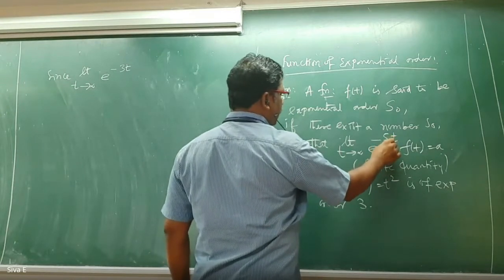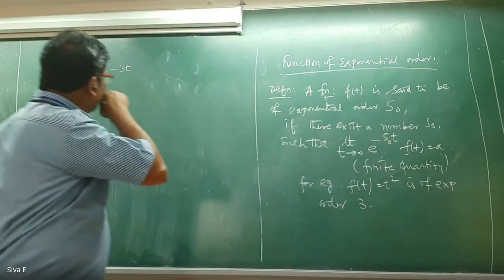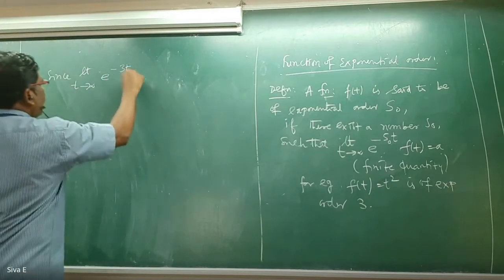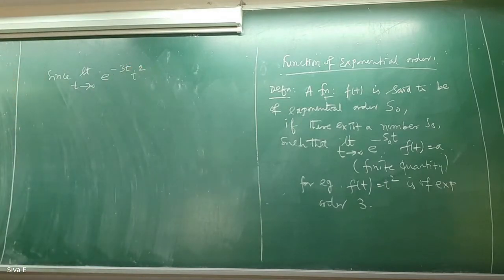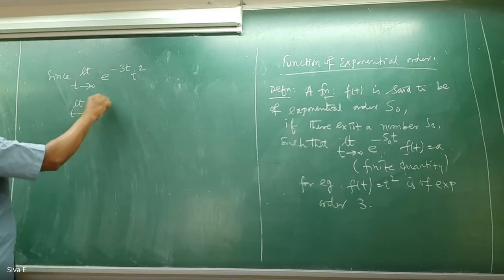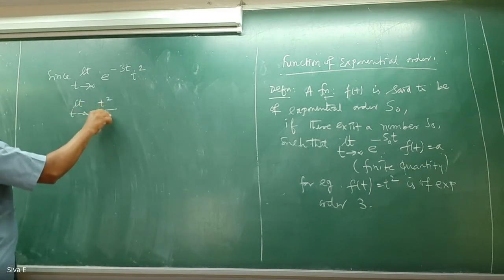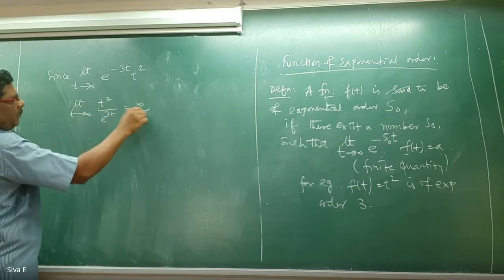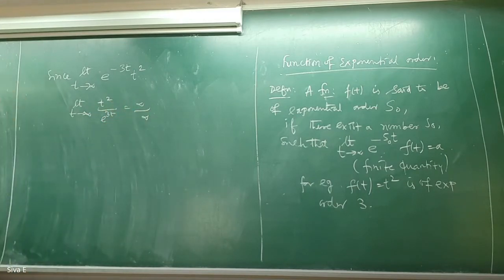Taking s0 as 3, we get t square by e power 3t. So limit t tends to infinity t square by e power 3t is infinity by infinity, an indeterminate form.